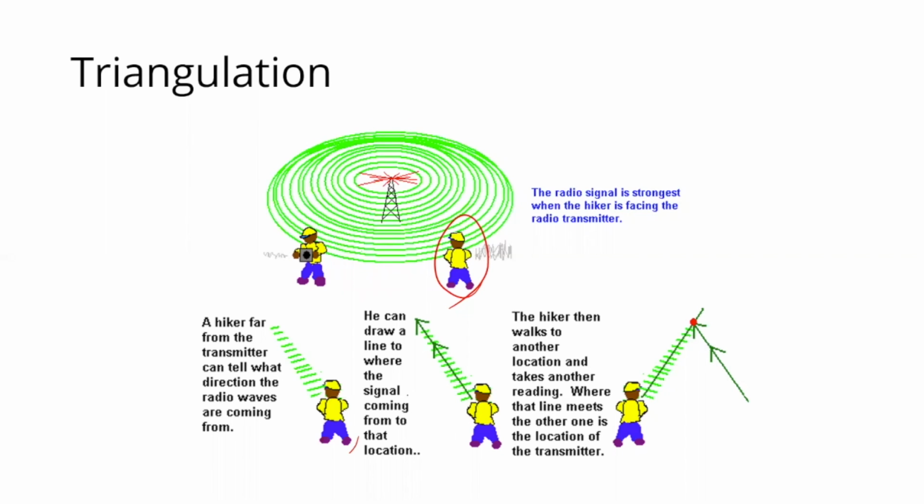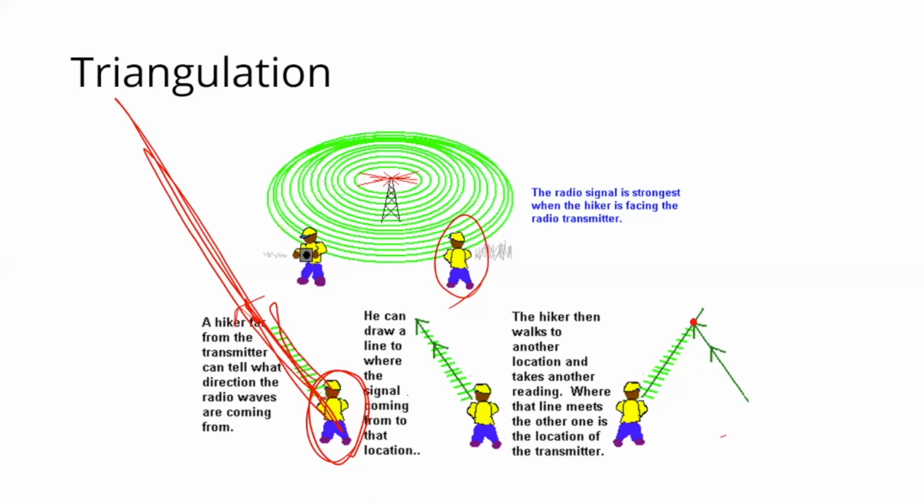From that location, you know which direction the radio tower is. From that, we draw a line, maybe on the map, in terms of where the signal is coming from. So we can then assume that the radio tower is somewhere in this direction.